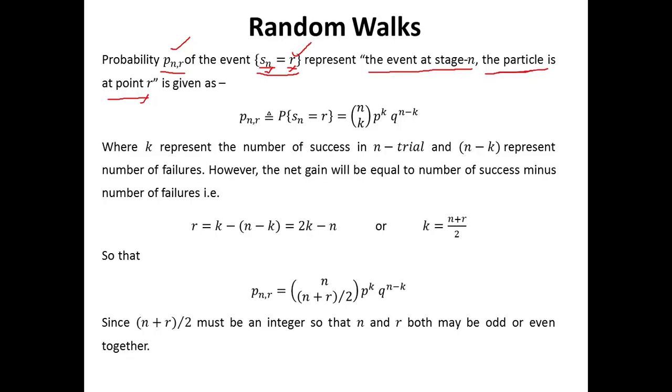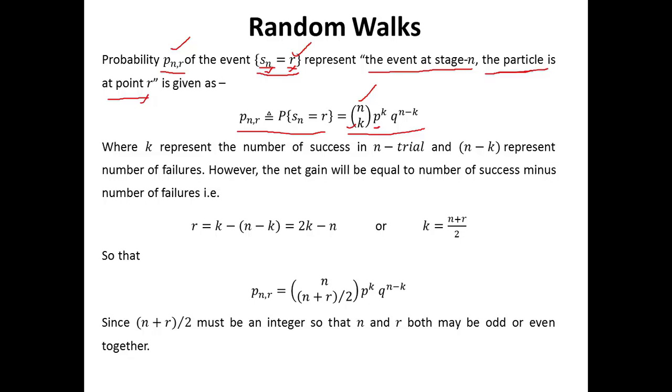We already know that for a Bernoulli trial, this probability is given by the expression nCk p to the power k q to the power n minus k, where it is assumed that out of n trials, k trials result in success. It automatically means n minus k trials result in failures.